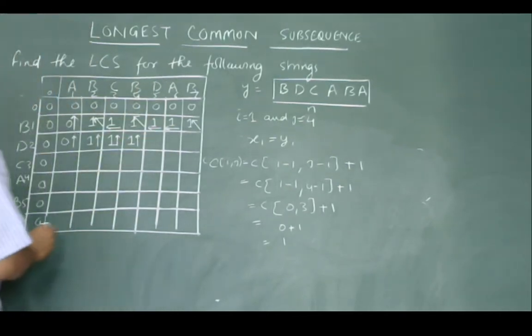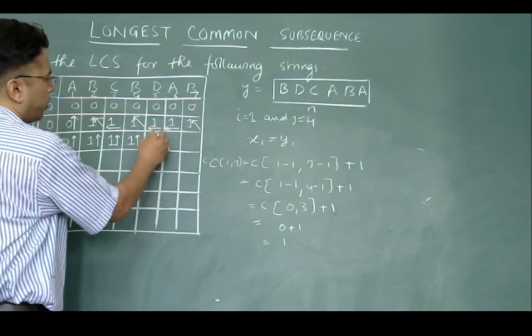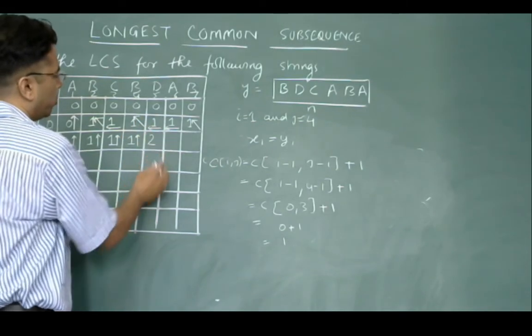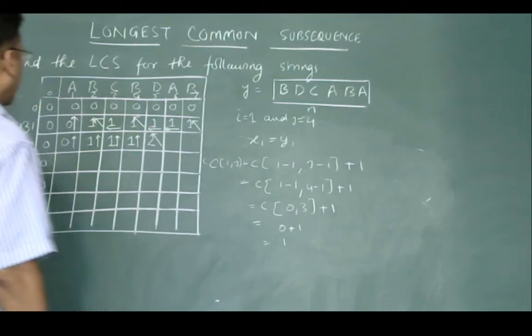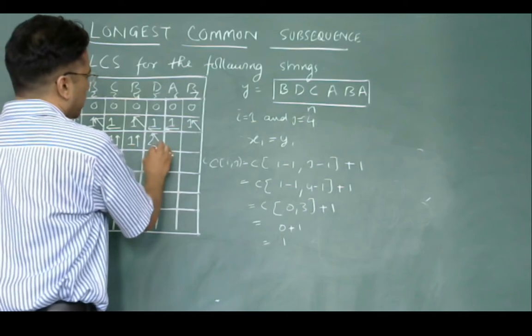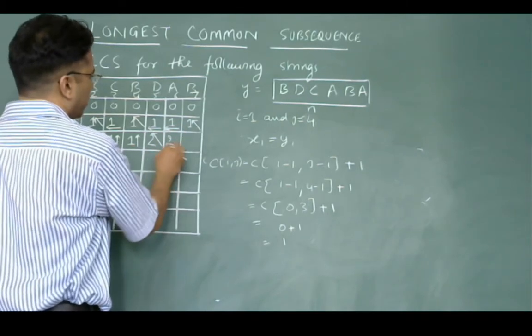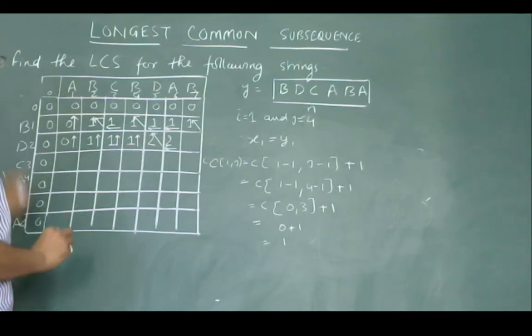Between D and D there is a match, so add 1 to the diagonal value and place it here. So 1 plus 1, 2, and place an inclined arrow here, right? After that, D and A there is no match. Between 1 and 2, 2 is greater, so place a horizontal arrow. Arrows point toward the greater value.